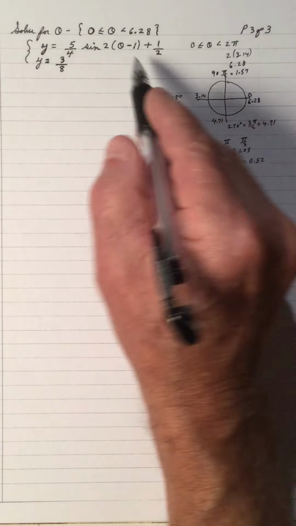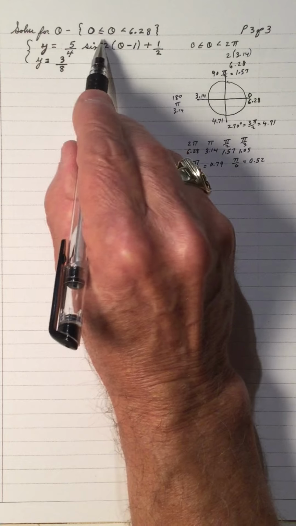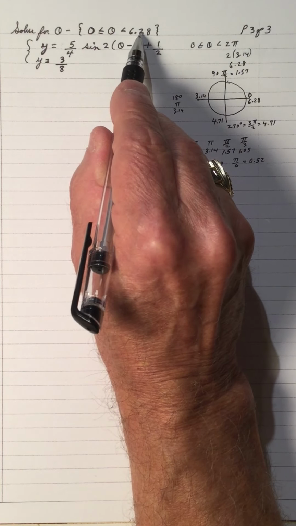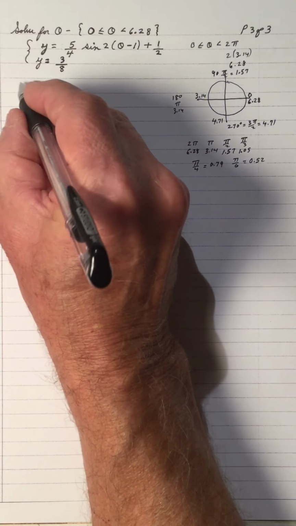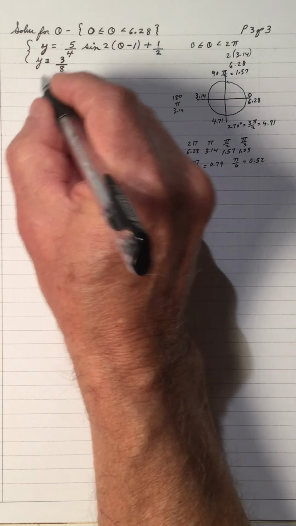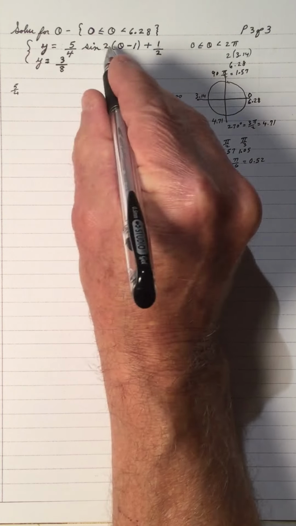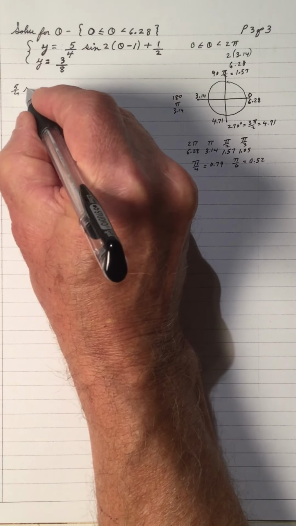Just wanted to explain that, because I haven't done many problems related to radians in terms of a decimal. So we have two equations. We let each equation equal y, so we'll let them equal each other.